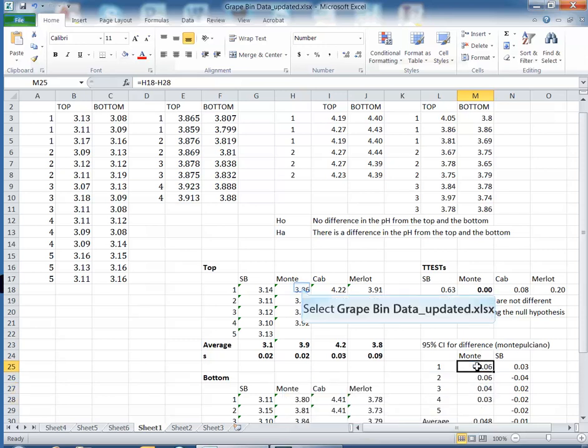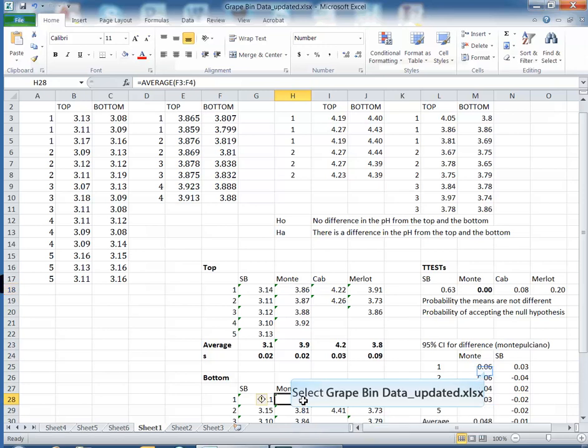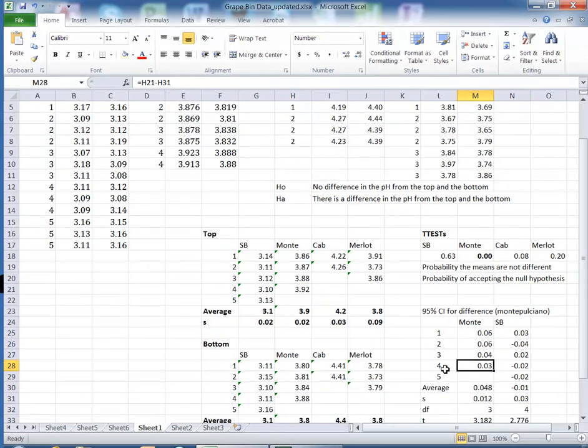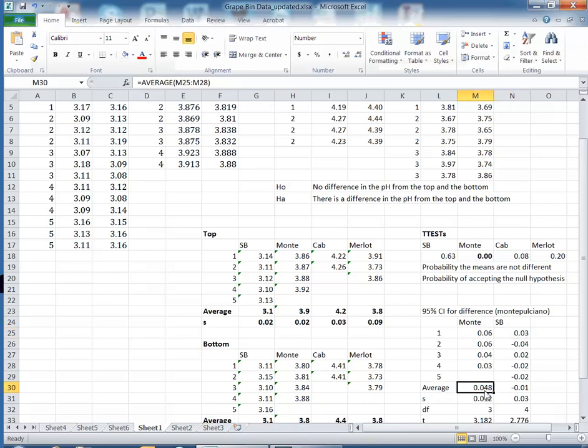Here I've simply gone H18, the top, minus its corresponding other value, 3.8, and so on and so forth for all four measurements for Montepulciano, and I've done the same for Sauv Blanc. And then when we average those, we get the average difference between the top and the bottom. So in Montepulciano, on average, the top has a pH 0.05 greater than the bottom. The standard deviation of those is 0.01.